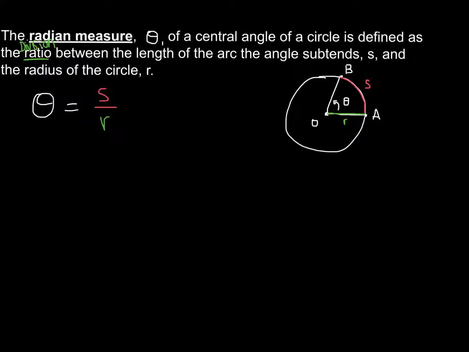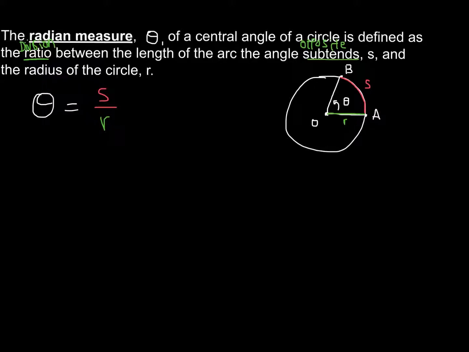That is the ratio. Then we have the length of the arc the angle subtends, and this word subtends often gets people. You might want to write this down: the word subtends literally means to be opposite to. So I'm just going to use the word opposite to help remember what this means.